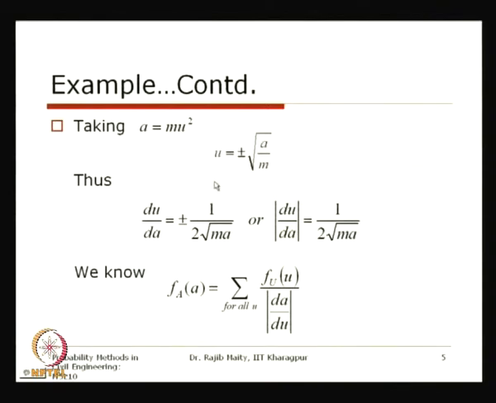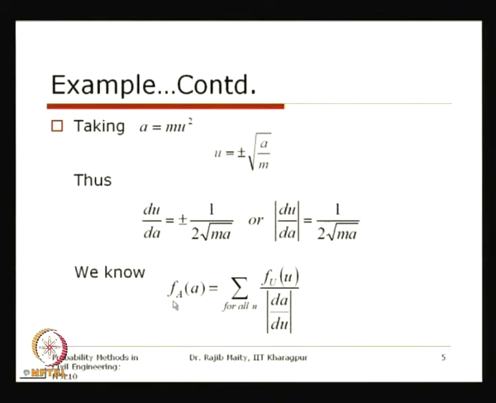So we have to get the Jacobian, that is du by dA, and its absolute value. If we do this derivation, it comes to 1 by 2 square root of m a, and its absolute value is the positive root, that is 1 by 2 square root of m a.